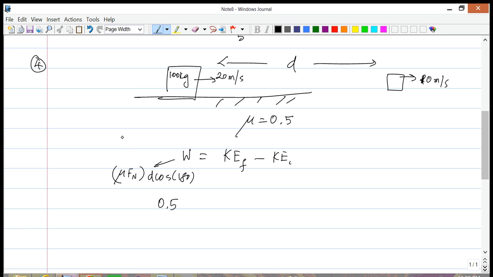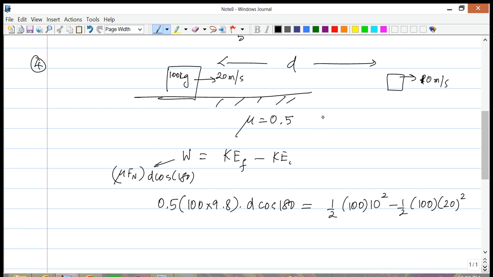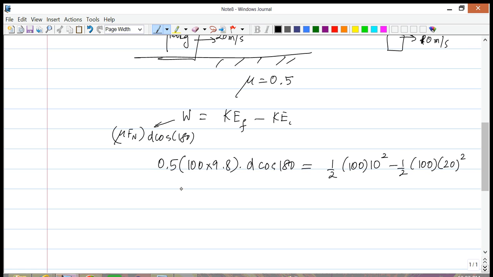The contact force in the problem is simply the weight. It's 100 times 9.8 times the distance d that we do not know, times cosine 180, and this is equal to 1/2 times the mass times 10 squared minus 1/2 times the mass times 20 squared. Great. So now we have the equation set up.